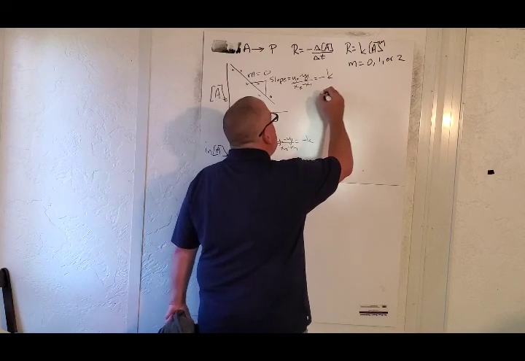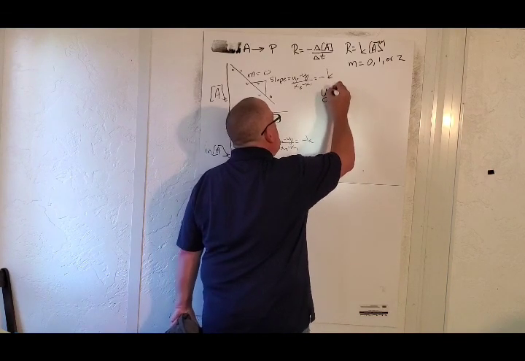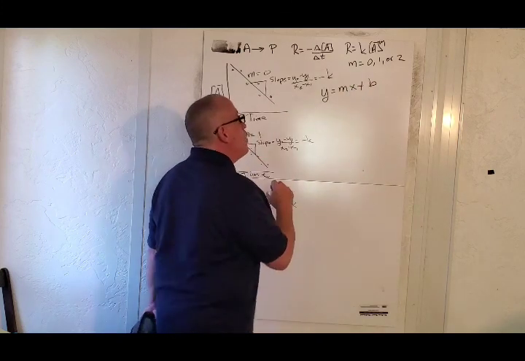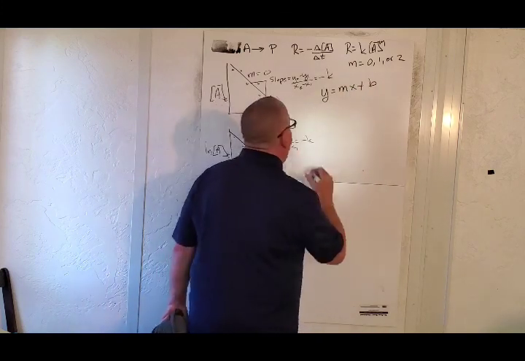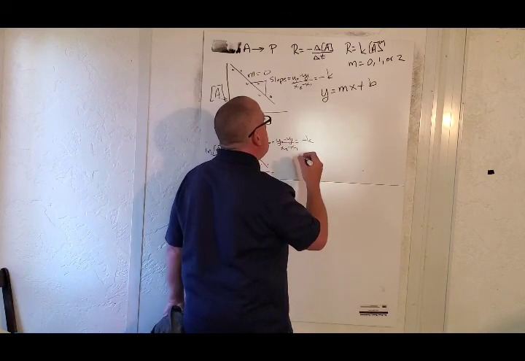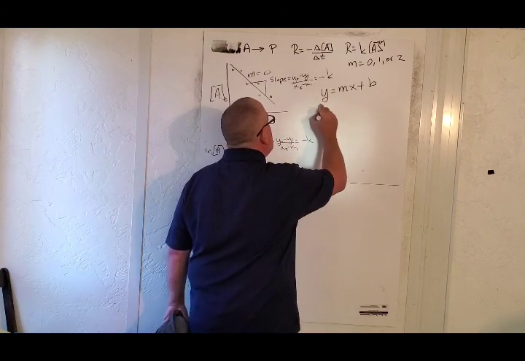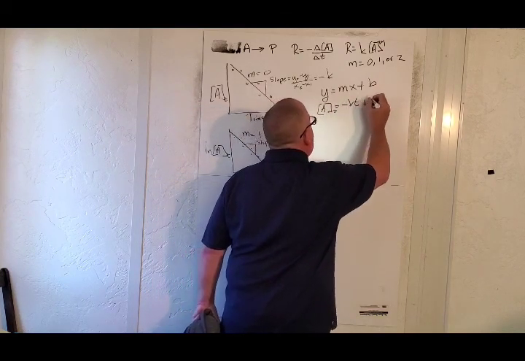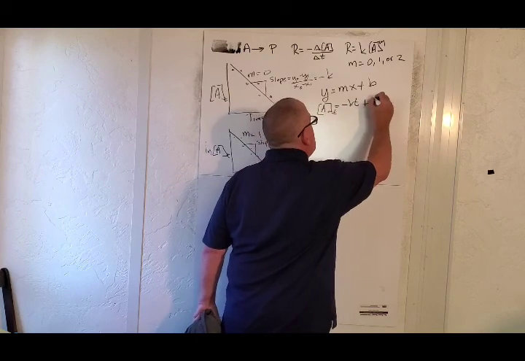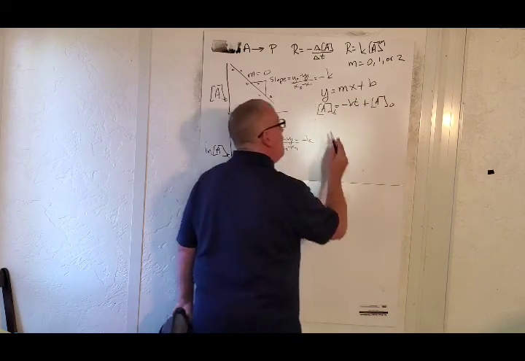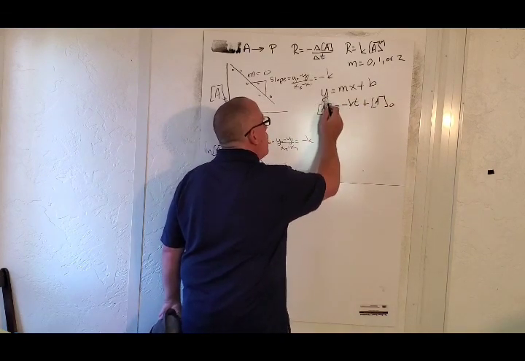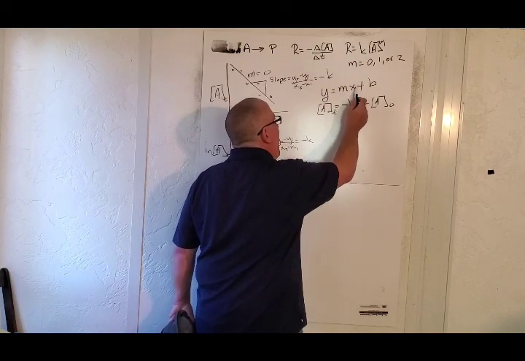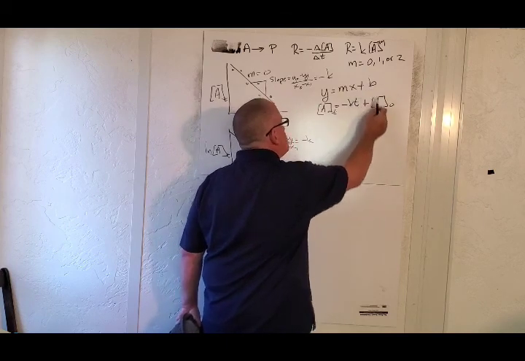That's because the equation of a straight line is y equals mx plus b. And if it's 0th order, remember I told you, you got minus kt plus A naught. That's the equation of a straight line. This is why K is your slope m, x is your time, and that's your intercept.